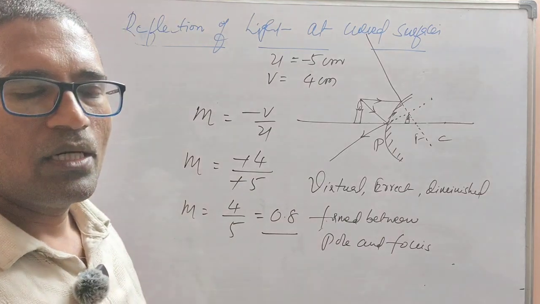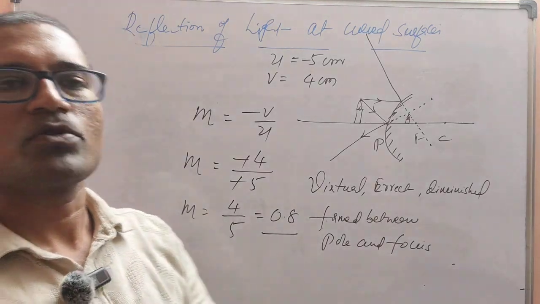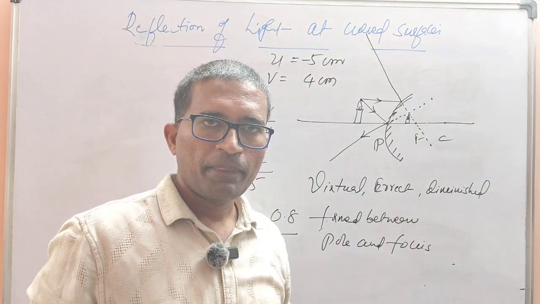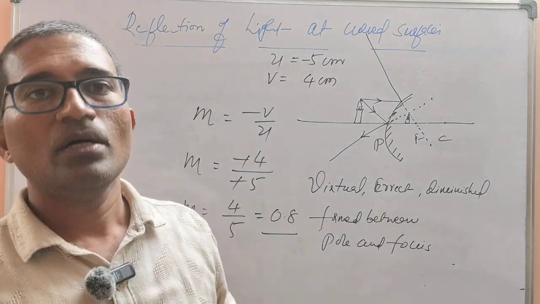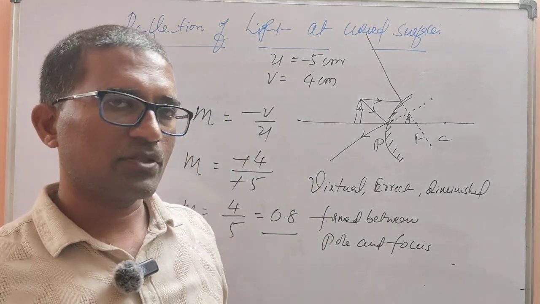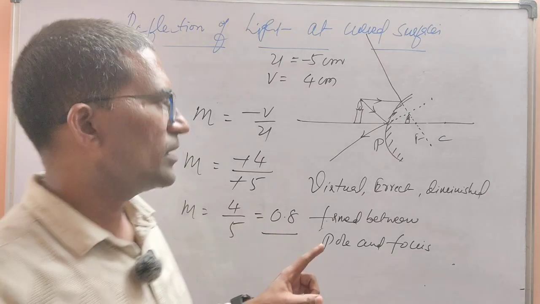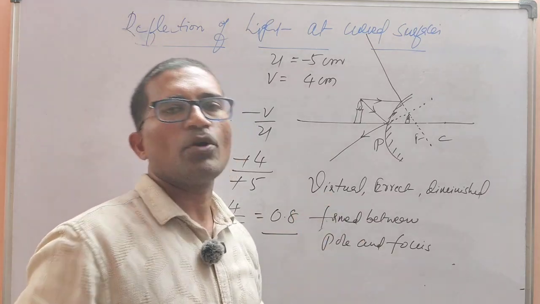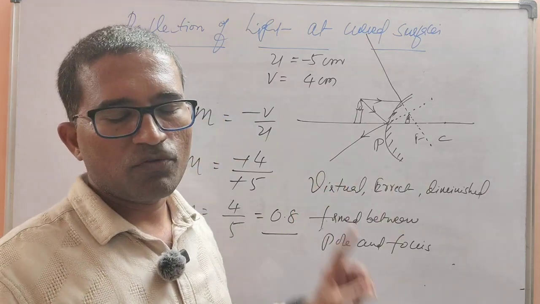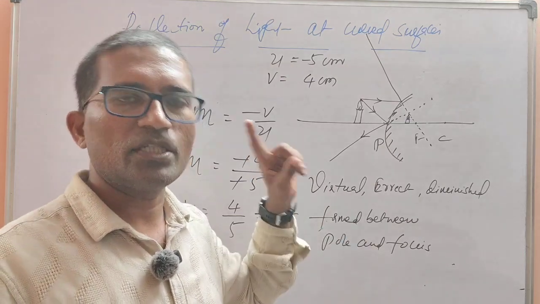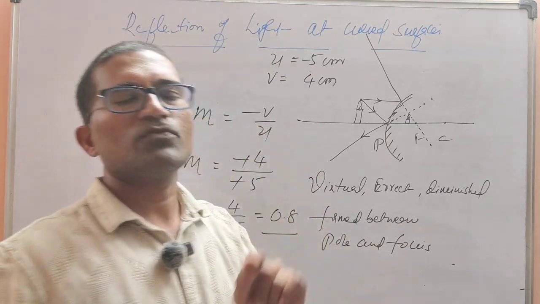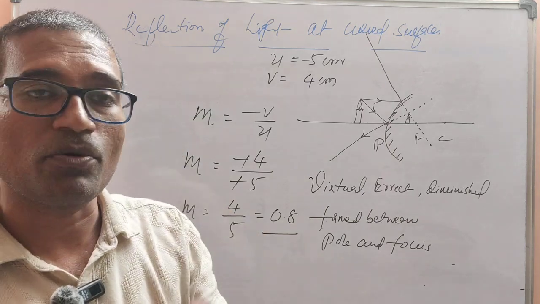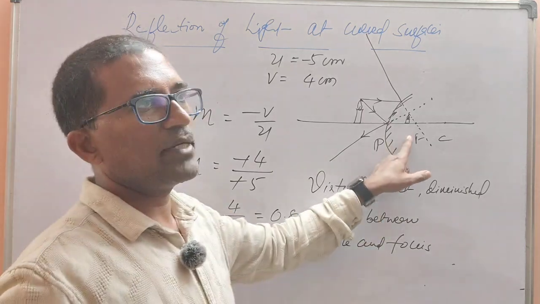Remember one thing, a convex mirror always forms virtual images, and that too, they are diminished images. In one case it is highly diminished or point sized: if the object is at infinity, the image is formed at focus, highly diminished or point size.